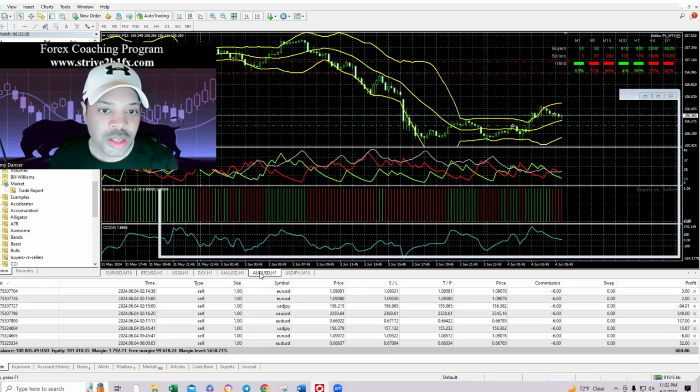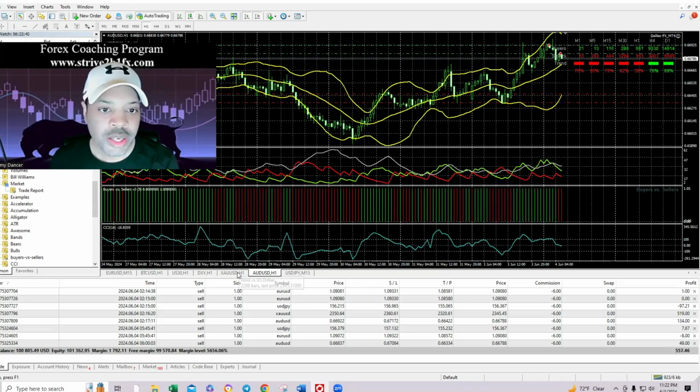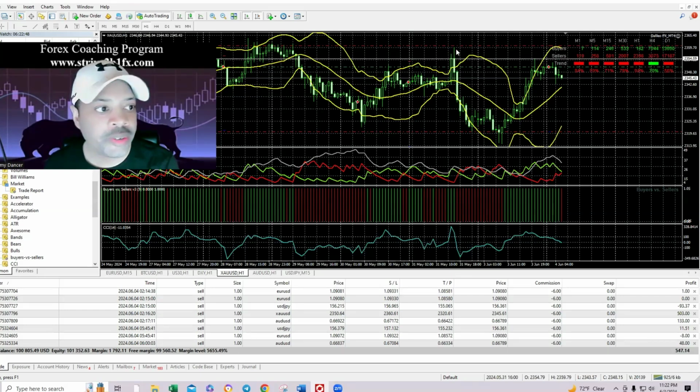Let's look at Australian US dollar. So again, look at these beautiful entries, right? And the take profits make sense. Everything makes sense on this. Let's take a look at gold. This is awesome. And then we can see here the stop loss was set at the daily high here, which is phenomenal.